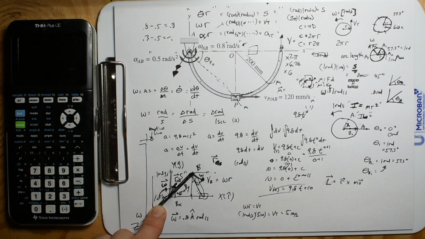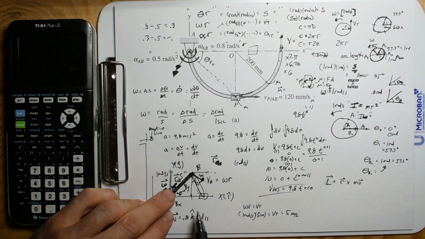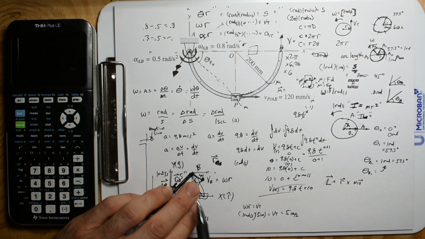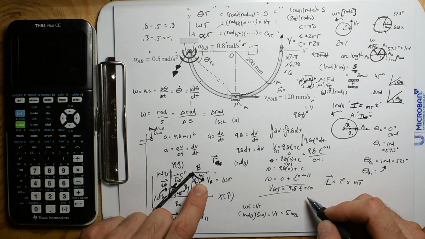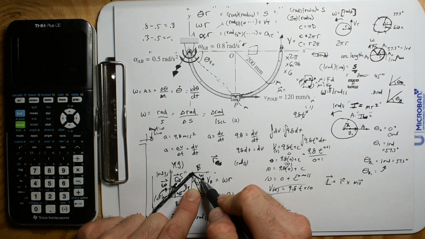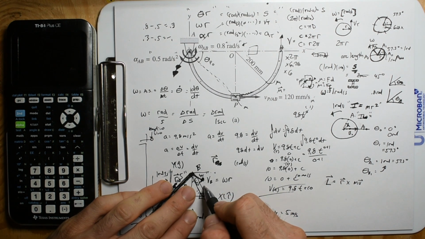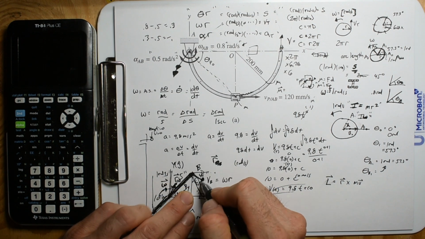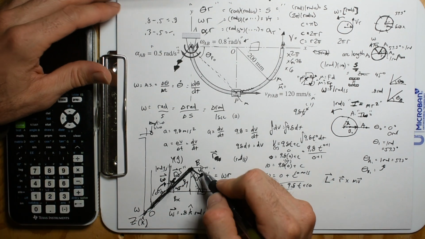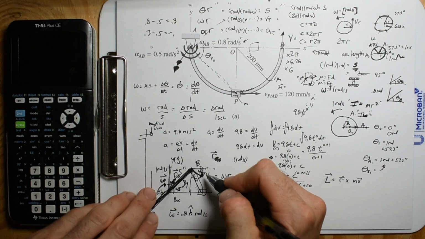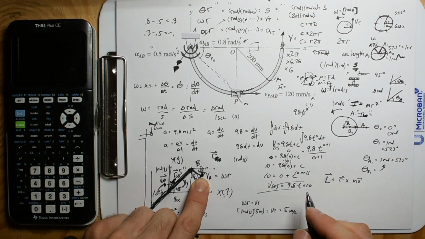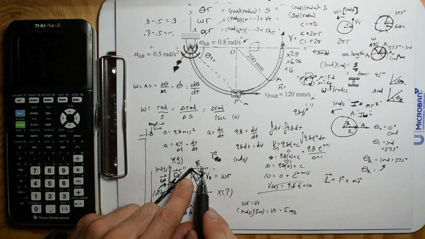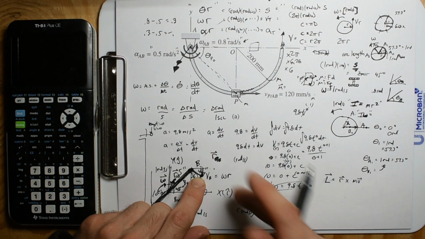So it's going to have 2 components. This is the magnitude of our tangential velocity, but you can see it's going to have a component in the i hat direction, and it's going to have a component in the negative j hat. And it's going to be at 45, so they're going to be the same.